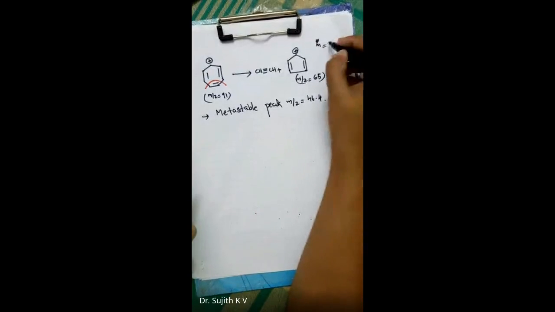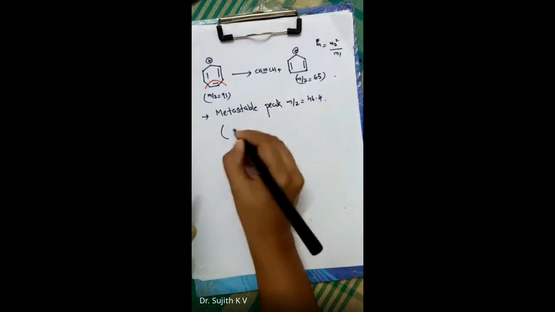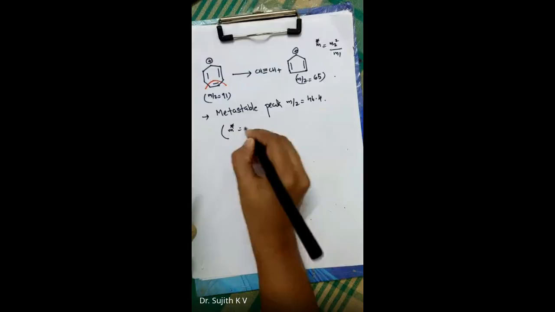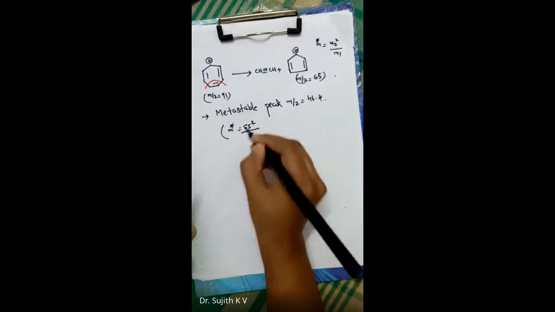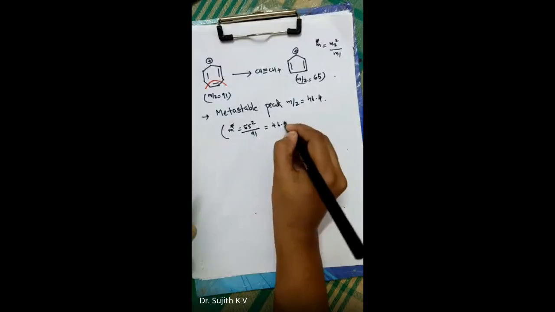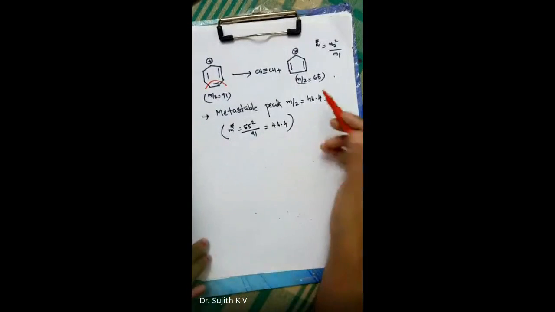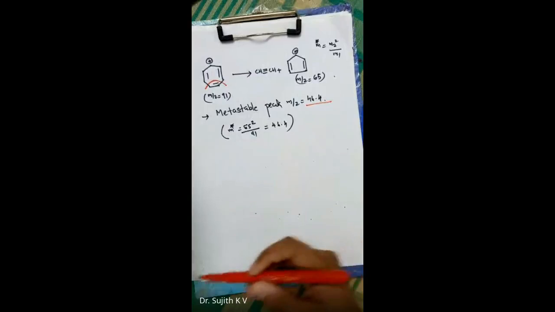How is m star obtained? It is m2 squared by m1, right? So here m2 is 65. So this is obtained by 65 squared by 91. That will give you 46.4. Okay, there's a metastable peak at m/z equal to 46.4.